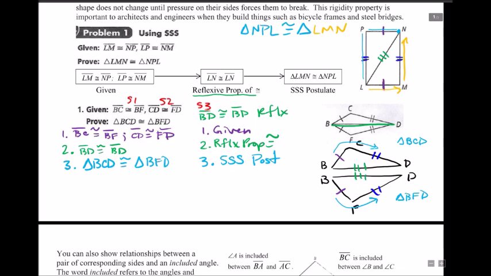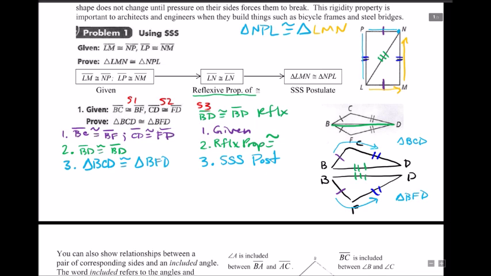Okay, this theorem, or this proof, is exactly the same proof that we just did. Now, I redrew my triangles and separated them out, and I was given 2 sides that were congruent. So I said, you know what?